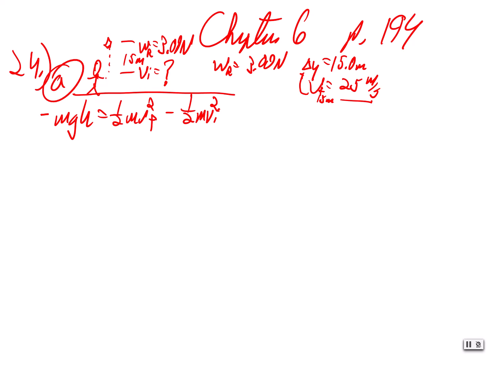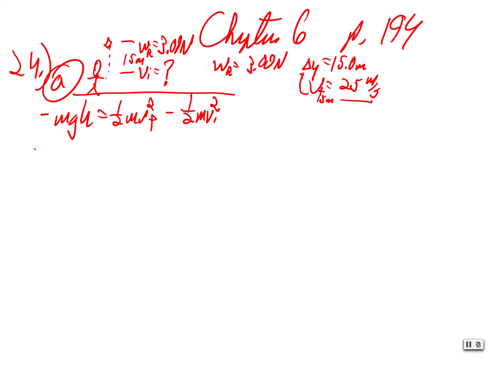So what we're going to do then is we are going to solve for the initial velocity. Well, how in the world do we do that, Mr. Shields? Well, okay, here it is. So let's write the equation this way. We're going to solve for initial velocity.